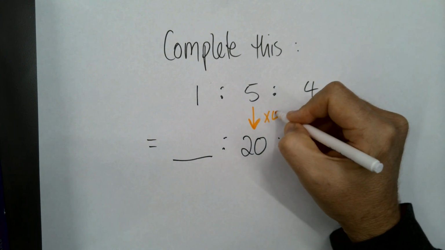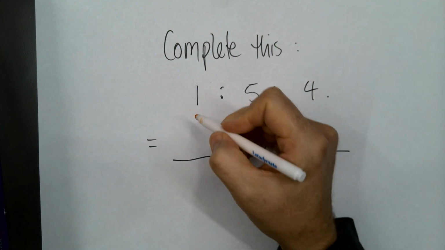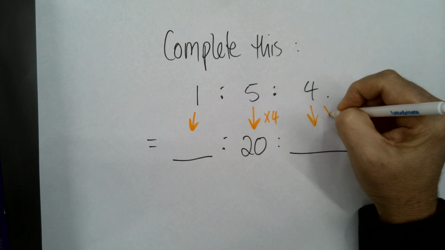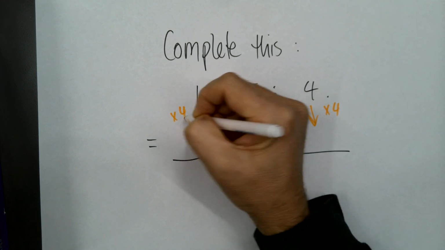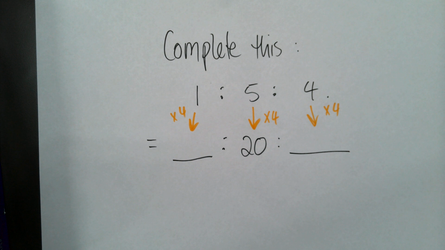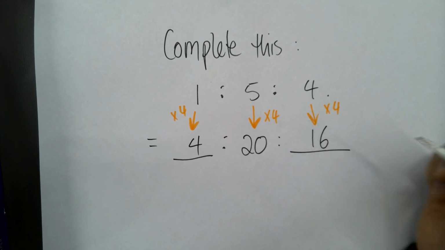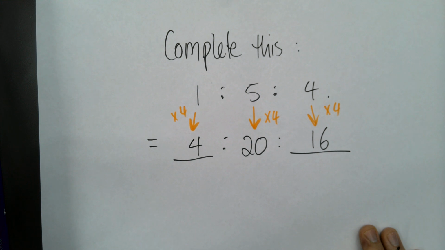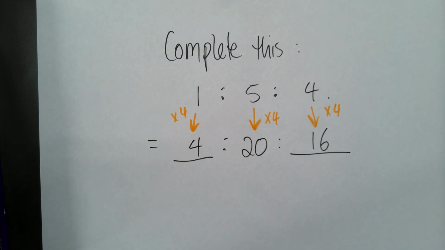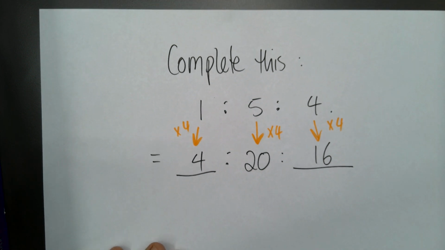Well, the answer is multiply by 4, which means I've got to multiply by 4 in each of those. So 4 times 1 is 4, 4 times 4 is 16. Done.